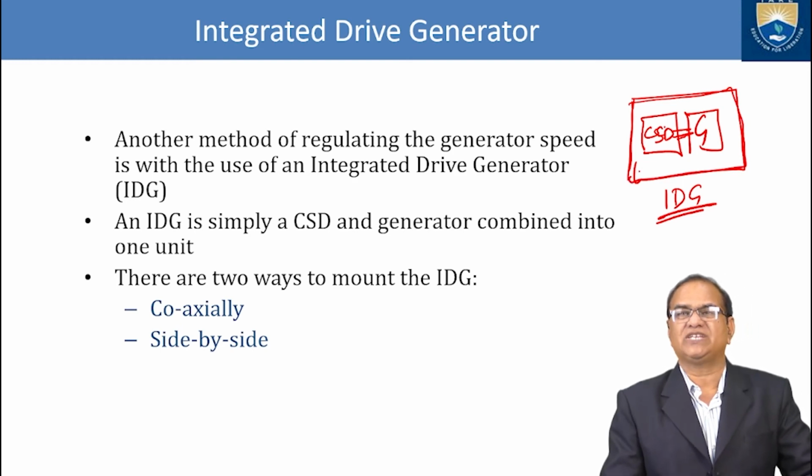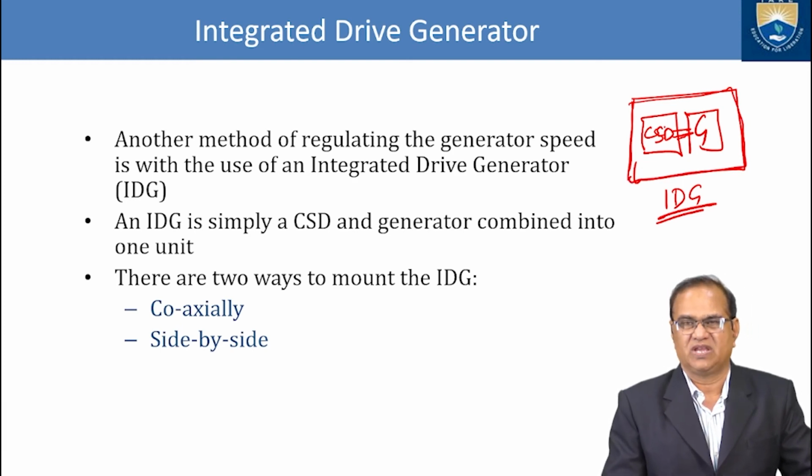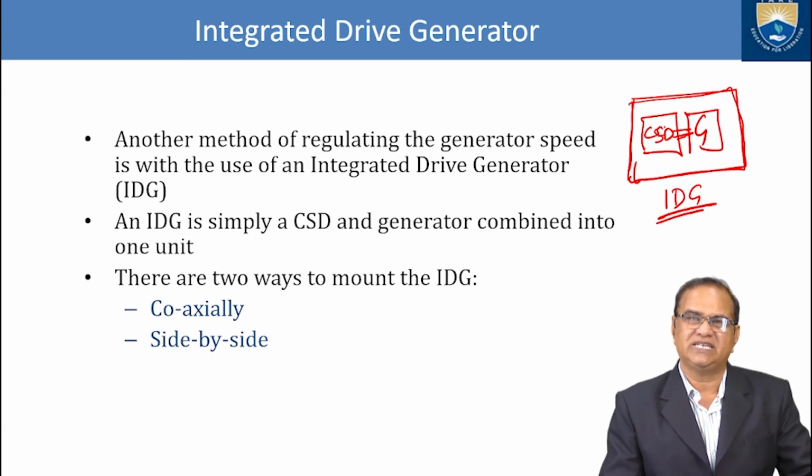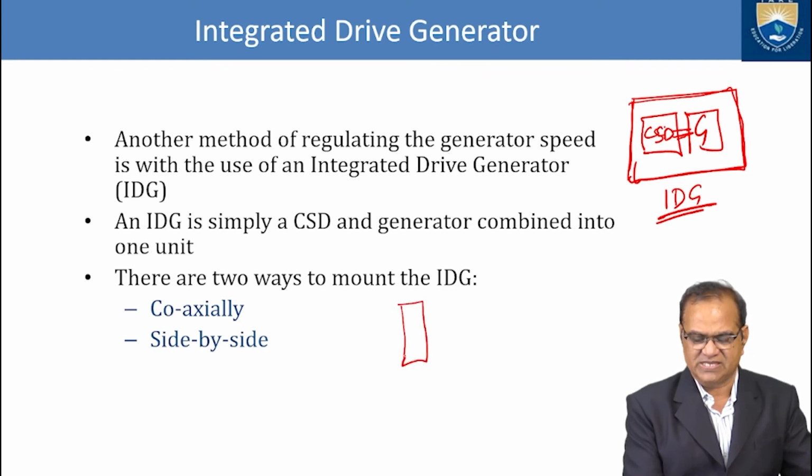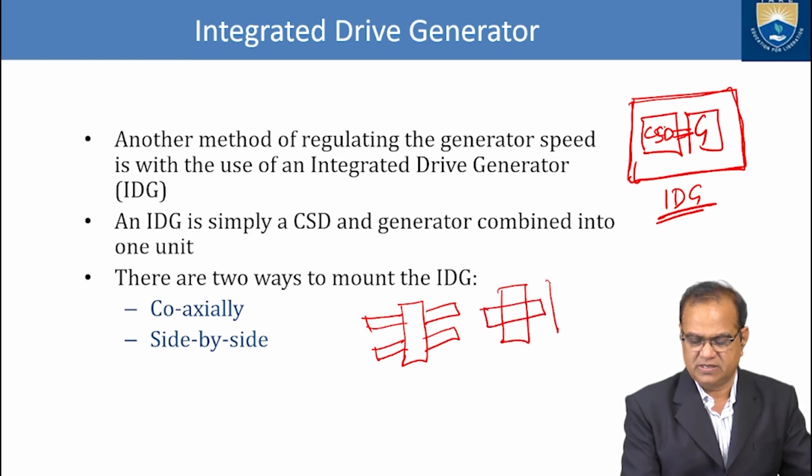There are two ways to mount the IDG. So how can we mount the IDG? It can be coaxially or side by side. Coaxially means on one axis, so it can be like this, or you can make it like this, side by side.